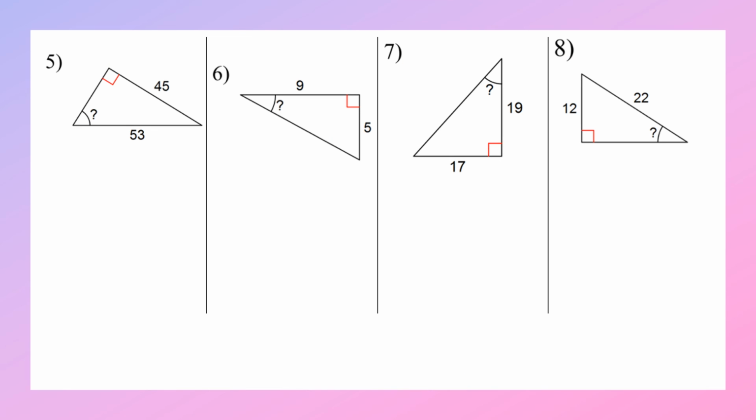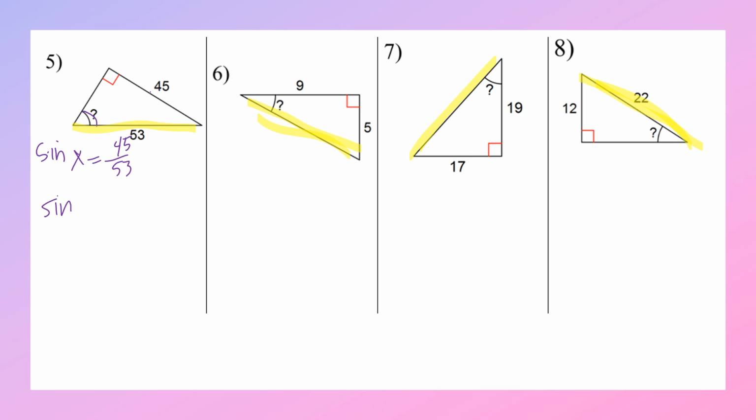For number 5, again, I'm going to highlight the hypotenuse so you guys know it's always across from the 90-degree angle. Okay, so for the first one, we have the opposite over the hypotenuse, which is sine. So we are doing sine of x is 45 over 53.